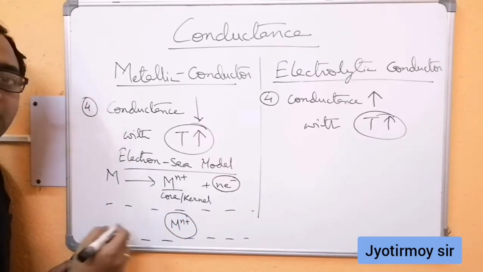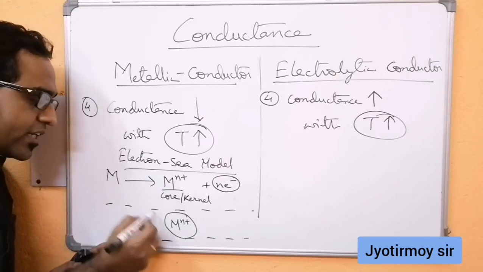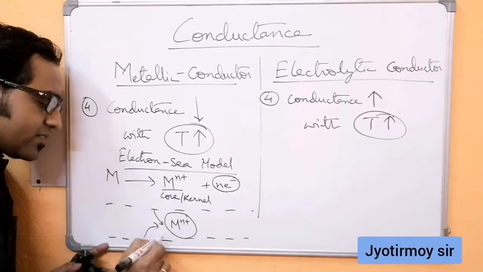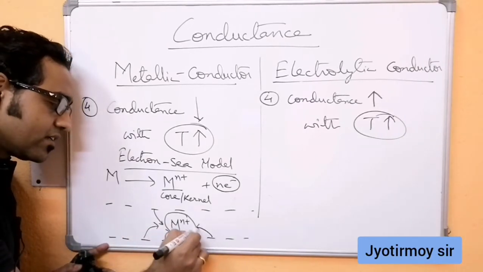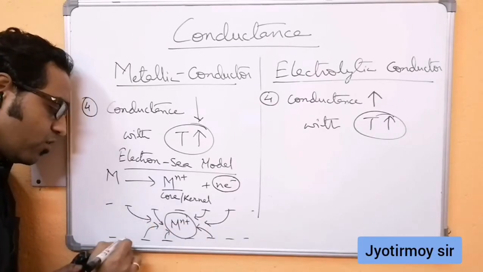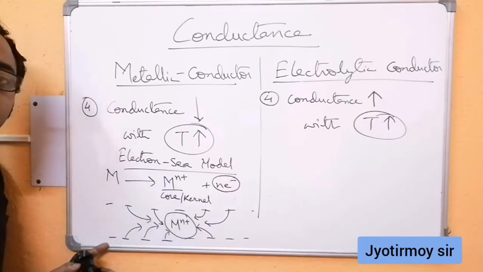The moment it gets immersed in the electron sea, there will be attraction between the electrons and the metal ion from all directions.